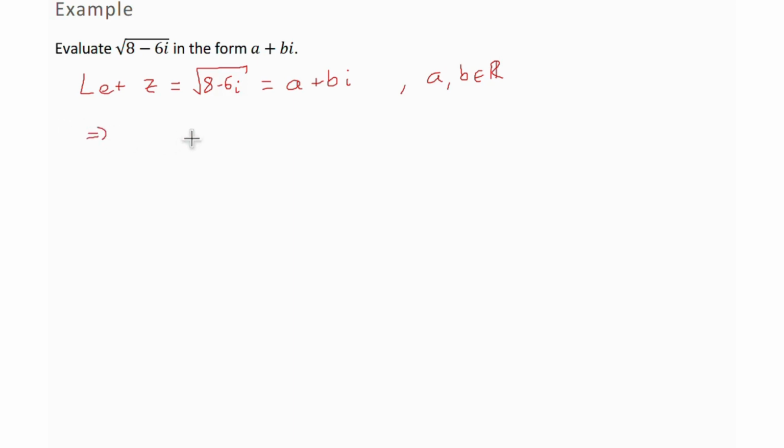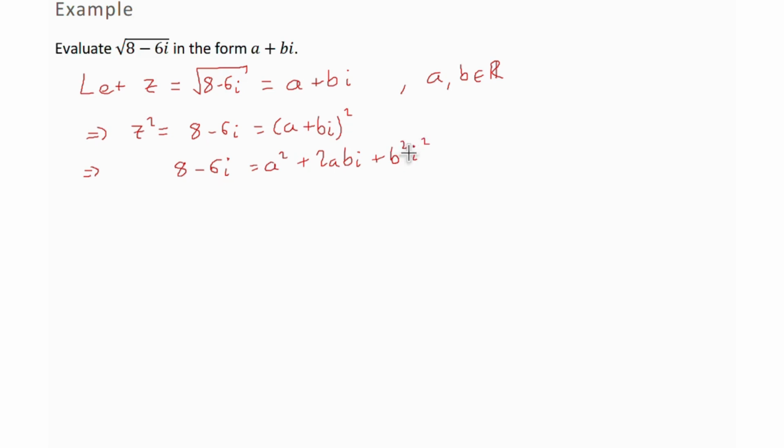But from there, we can start manipulating this, because that means that z squared is equal to 8 minus 6i, which is a plus bi all squared. So 8 minus 6i is equal to, expanding this, it's a squared plus 2abi plus b squared i squared.